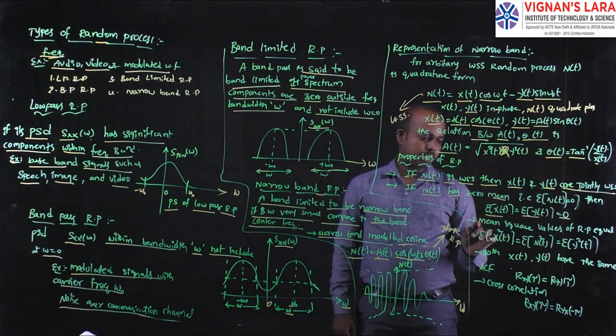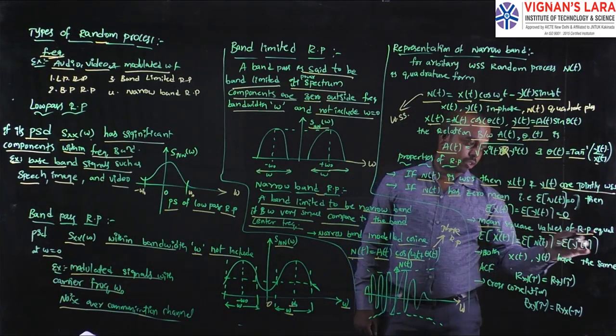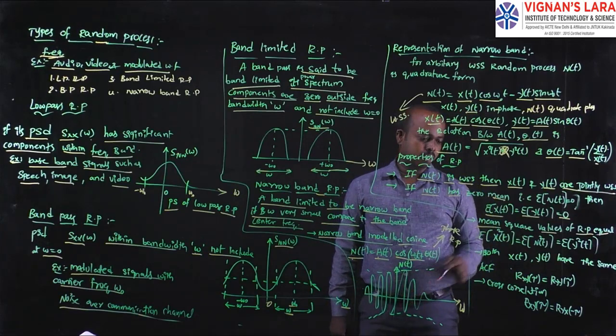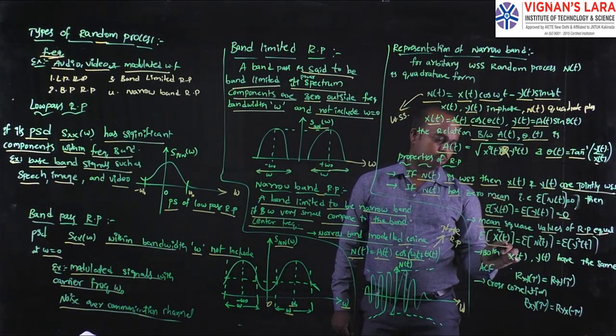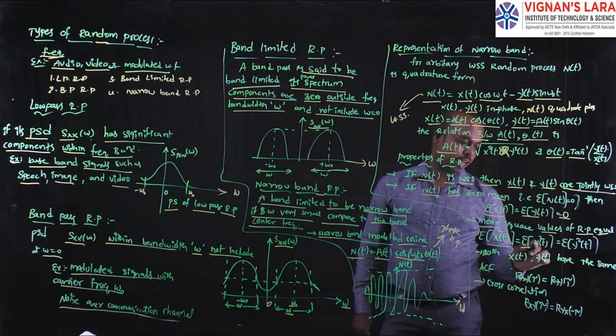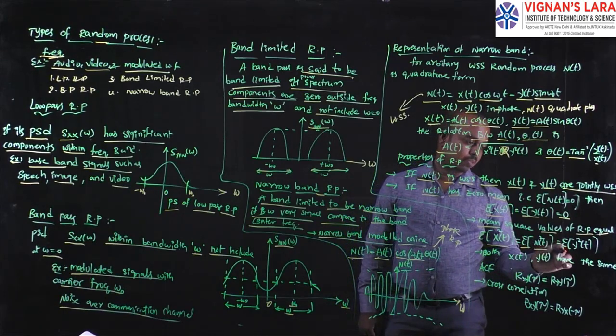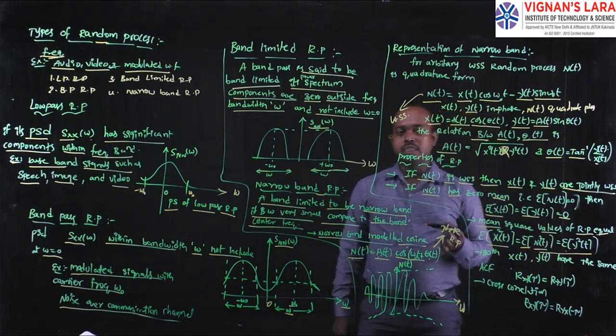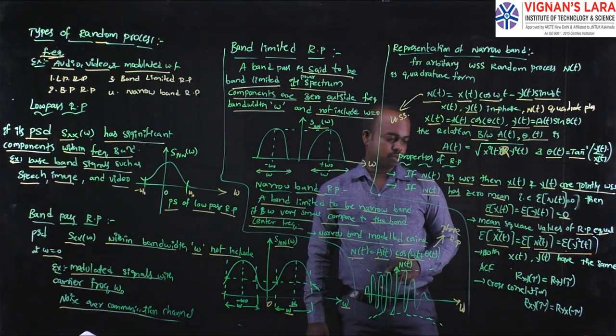Next, the mean square values of the random process are equal. That is, expectation of x square of t, expectation of n square of t, and expectation of y square of t are all equal under a narrowband random process.